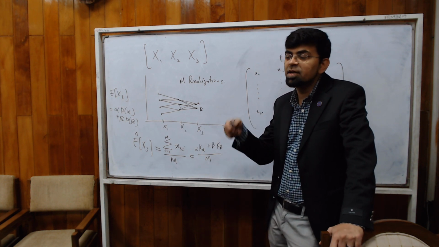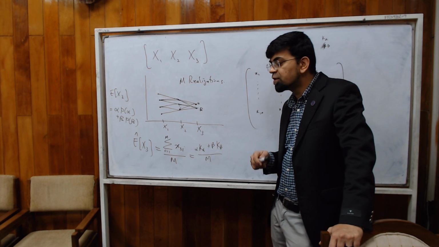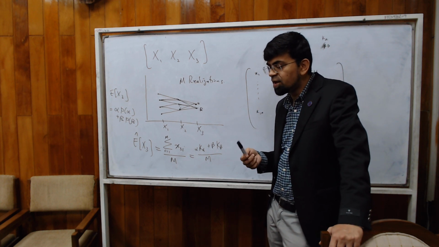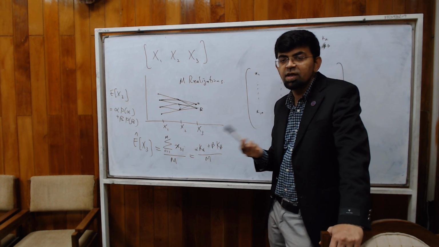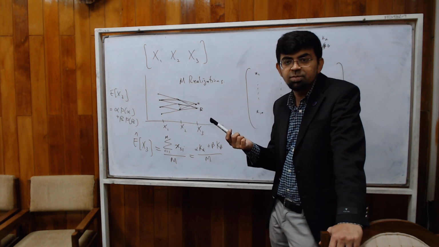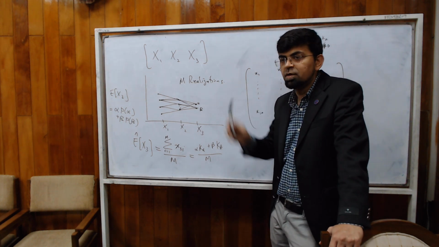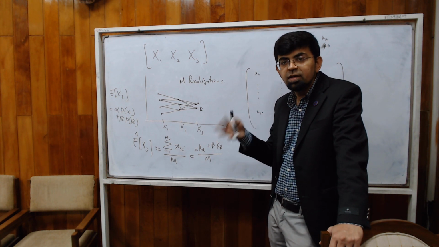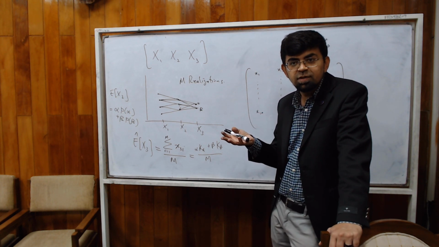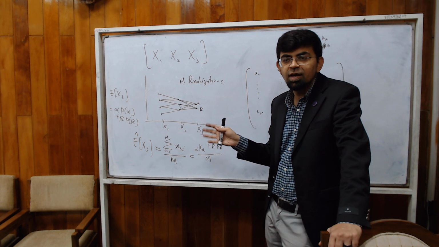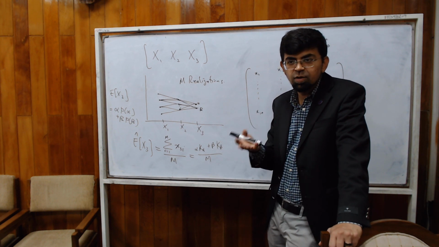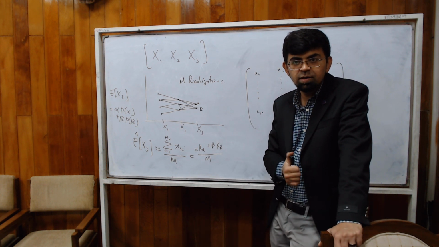Let's say you don't know that tossing a coin gives 50-50, or throwing a die gives a uniform distribution with mean 3.5. Let's say we don't know that, but we could roll the die 10,000 times, put the values together, and you will still get a mean close to 3.5.